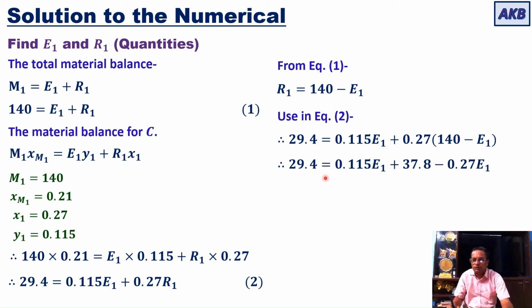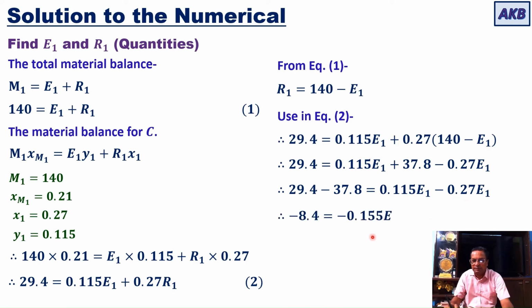That is 29.4 is equal to 0.115 E1 plus 0.27 into 140, which is 37.8, minus 0.27 E1. So 29.4 minus 37.8 is equal to 0.115 E1 minus 0.27 E1. That is minus 8.4 is equal to minus 0.155 E1.